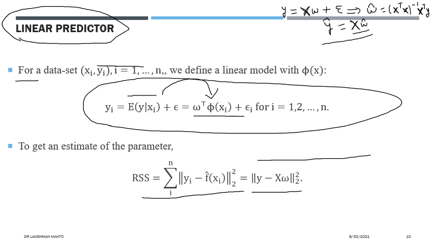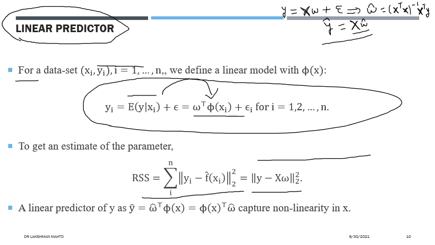We have to find the least value of this square error, the least square error, or we can also call it the residual sum of squares. If you call it a fitted function, then the residual name changes, but everything is the same. So we get a linear predictor of y in this form.